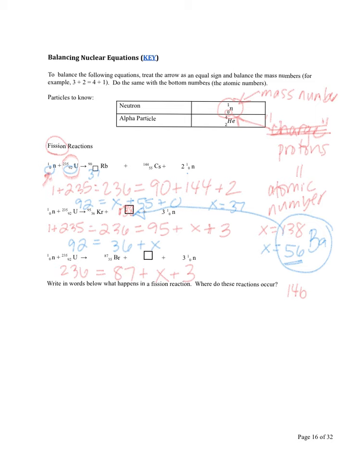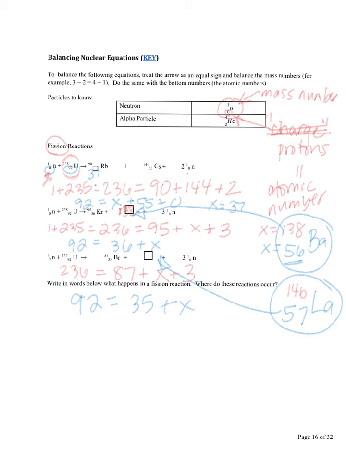All right. 92 equals 35 plus x, and it's 0 because 3 times 0 is 0. And so when I subtract that out, I'm going to get 57 on the bottom. 57, that's the atomic number. So what has an atomic number of 57 is lanthanum, which is La for the symbol. So this is what you're going to put in that box there.